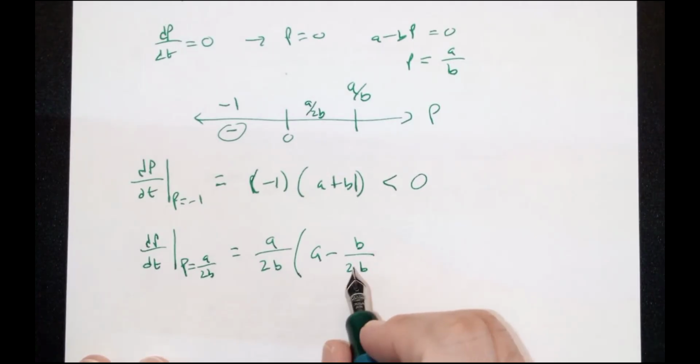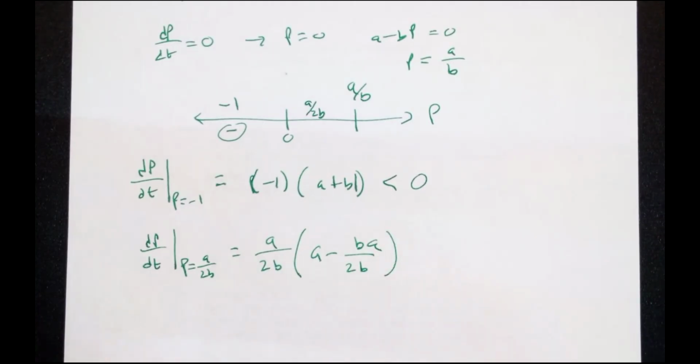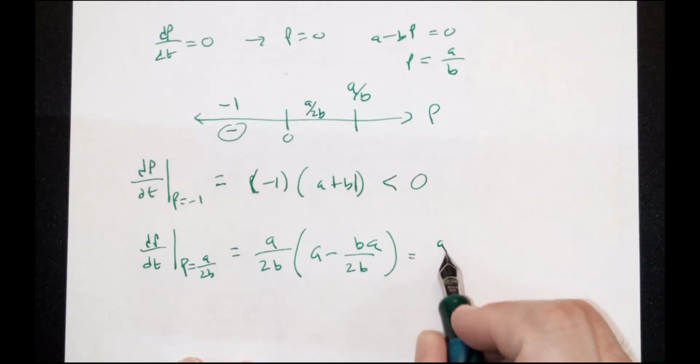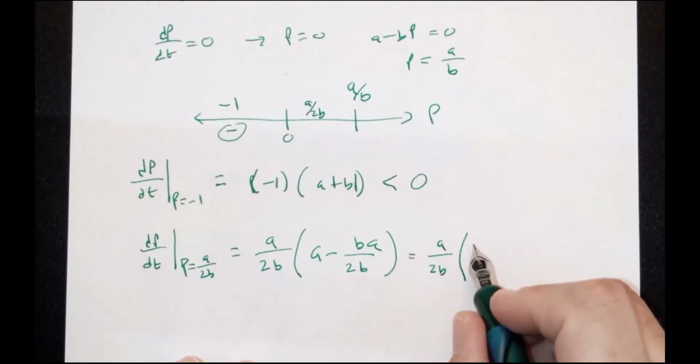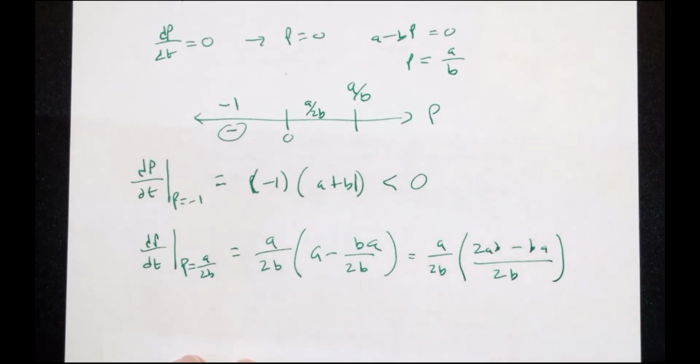Wait a minute. That's not right. With an A up there, right? B times P. Common denominator. So that A becomes 2AB over 2B.